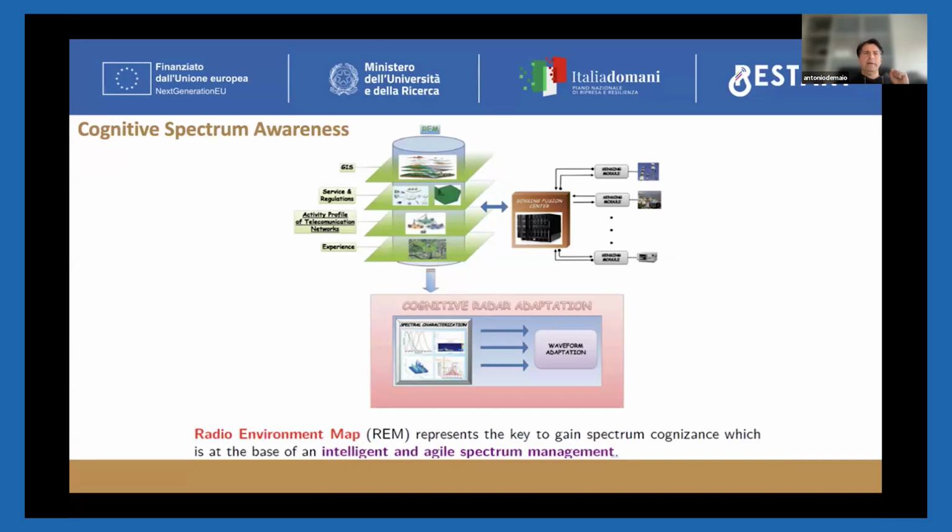And to populate this radio environment map, both a priori knowledge as well as spectrum sensing techniques can be adopted. In particular, in the right part of this figure, you can see a dedicated sensor network that can be used to gather fresh information and to update and improve the quality of the electromagnetic scenario.